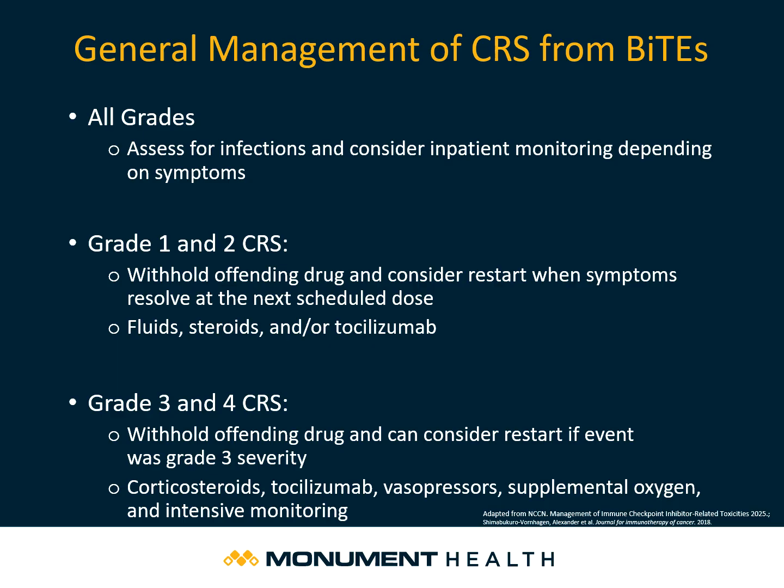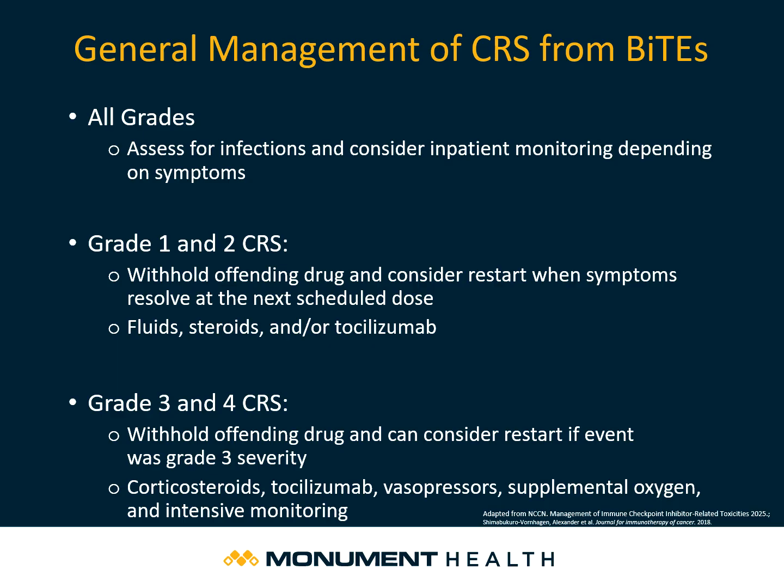For less severe CRS, the offending drug will be held and restarted only when symptoms are resolved prior to the next scheduled dose. There are exceptions to this where blinatumomab can still be continued regardless of grade 1 or 2 CRS occurring.